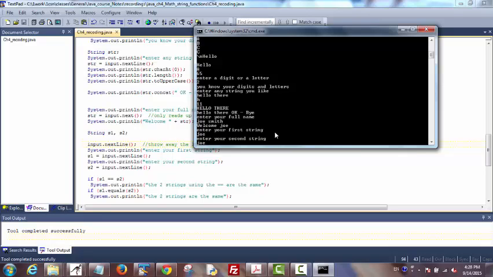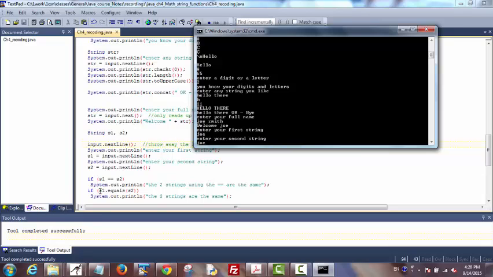Now, you might expect, because I'm using the equal operator for equality, that Joe is equal to Joe, so it's going to say the two strings using the equal are the same. But it's not going to work because the equal operator cannot be used to compare two strings. What it's actually doing is comparing the address of these variables. So notice when I press enter, you're not going to get that.